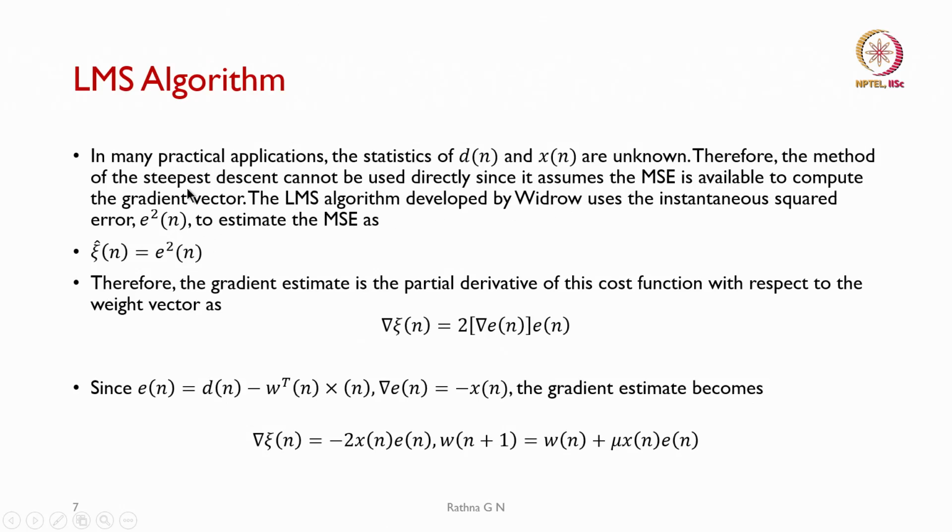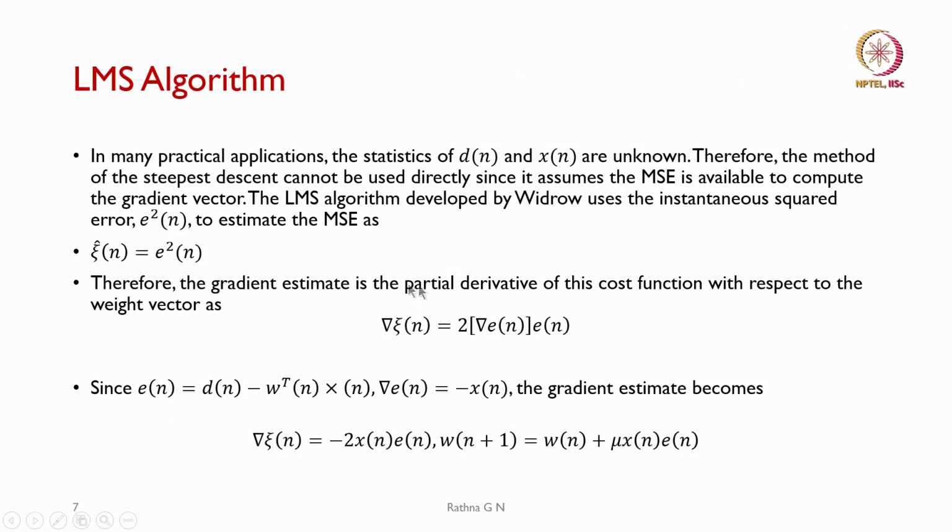Then you will be seeing the LMS algorithm developed by Widrow. You can go to the net and see, he is the one who designed our least mean square algorithm. It uses the instantaneous squared error e squared of n to estimate the mean square error, which is given by eta of n equal to e squared of n.